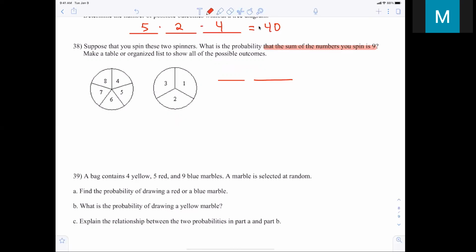How many possibilities on the first event?